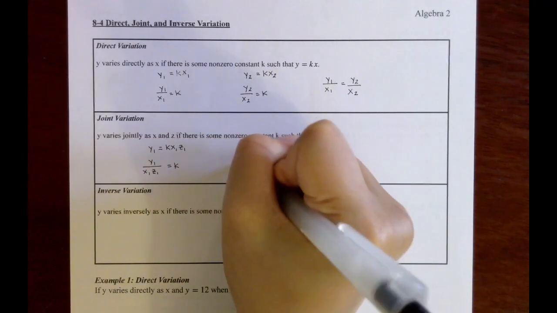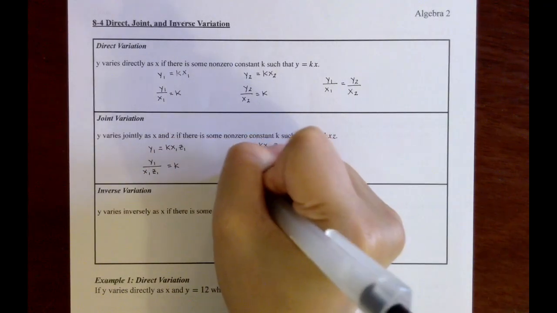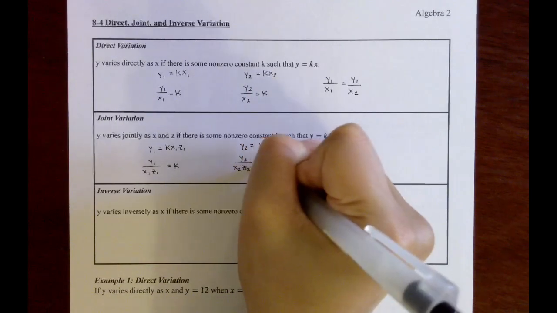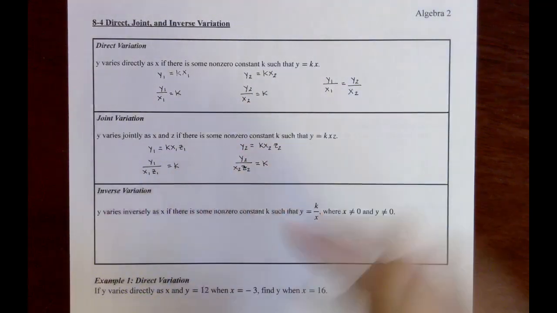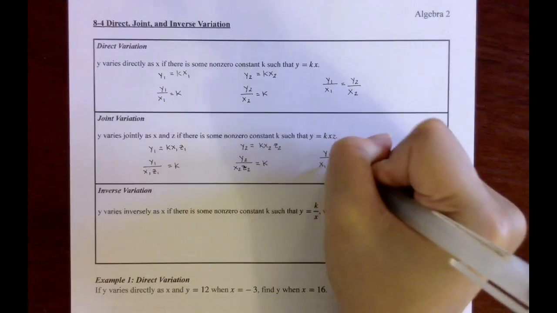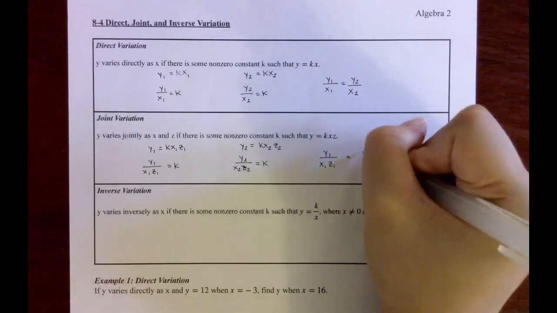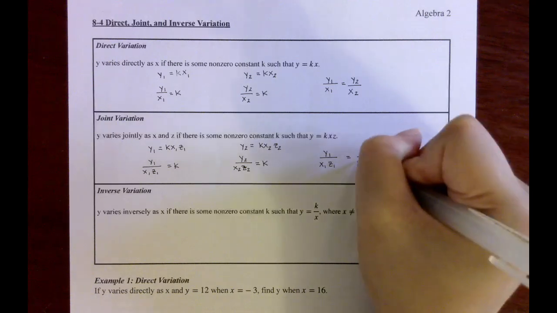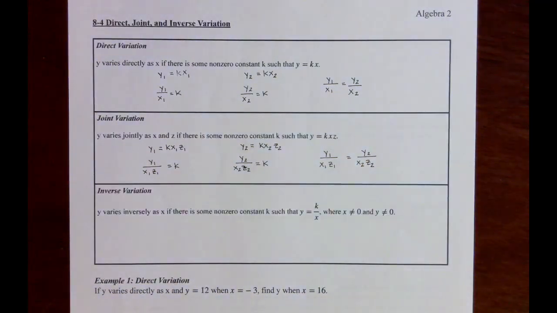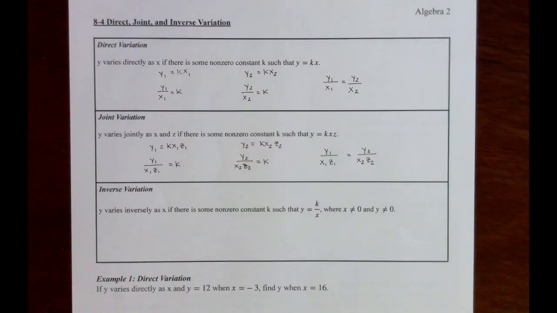Same thing here, find k by dividing y2 by x2 z2. And if they're both equal to k, that means we can set it up as y1 over x1 z1 equals y2 over x2 z2, okay? If that's an easier way to find it, okay?